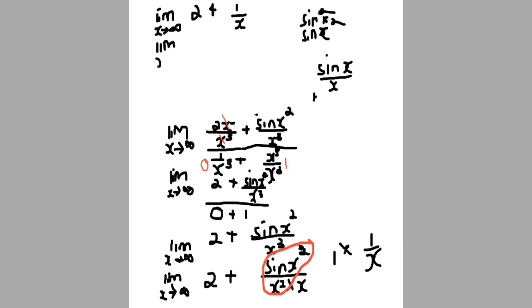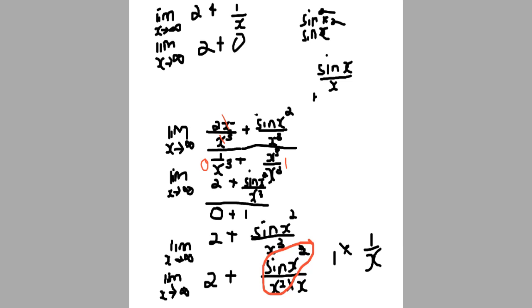We have 2 plus 0. Why do we have 2 plus 0?